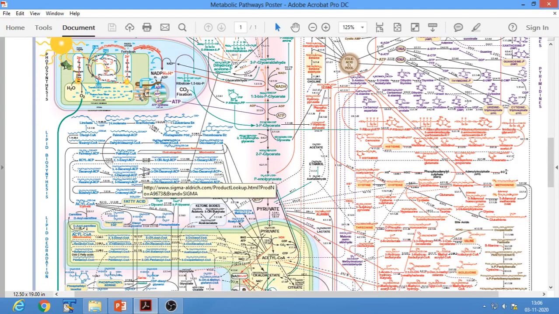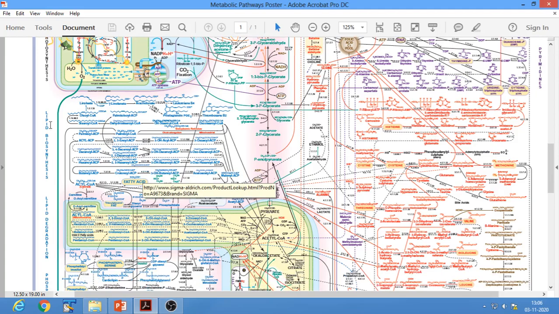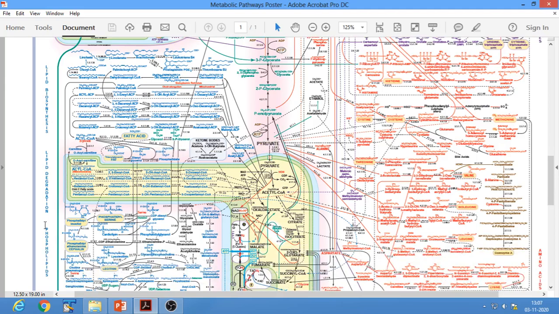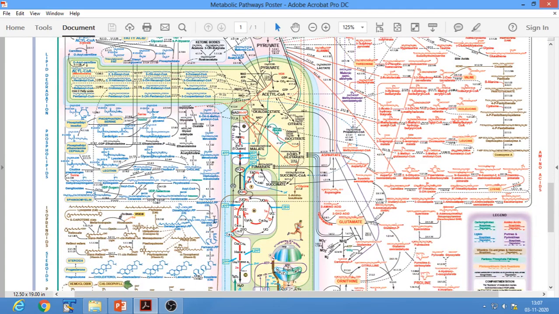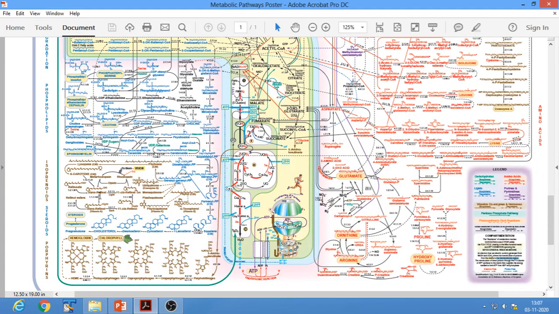All the lipid metabolism, that is fatty acid degradation and formation, whether biosynthesis or degradation, or phospholipid metabolism, is shown over here in blue color. Over here you have isoprenoid metabolism, shown in brown color. So is porphyrin metabolism, also in brown color. Steroid metabolism is shown in blue color over here, right?